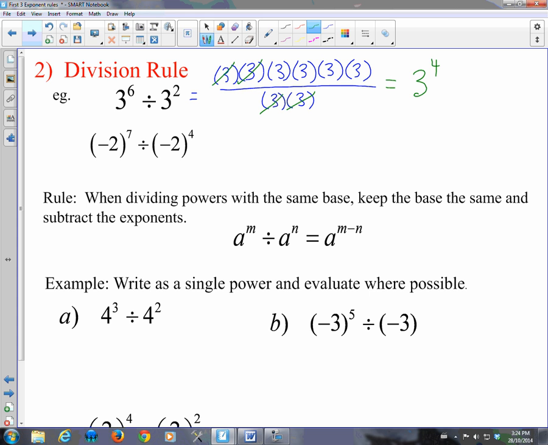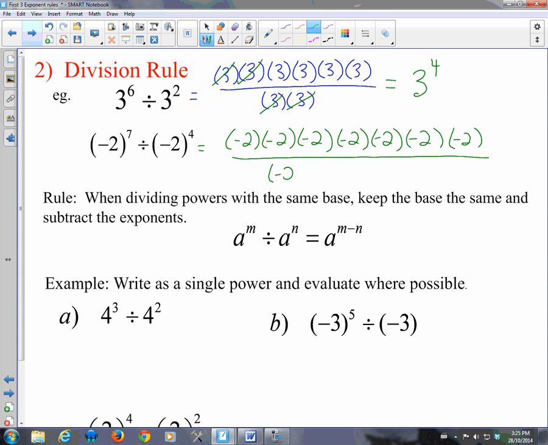Or if I look at my other example, I have -2 times -2 7 times. What am I on? 2, 3, 4, 5, 6, 7. And I divide by -2 to the exponent 4, which would be -2 4 times. And when I have the same thing on the top as I do on the bottom, I cross it out, which leaves me with -2 to the exponent 3.